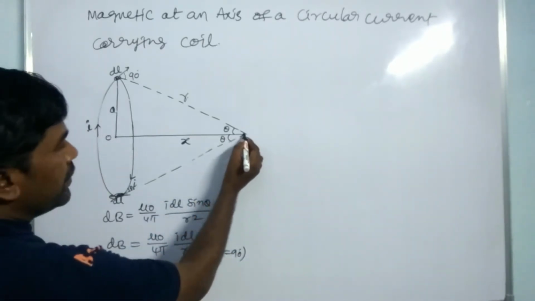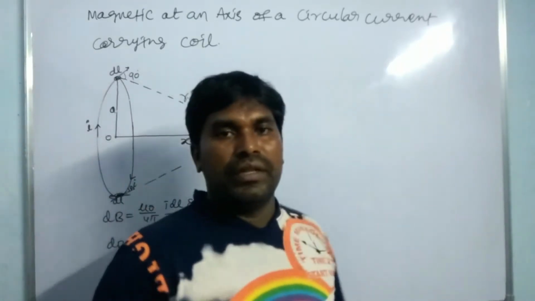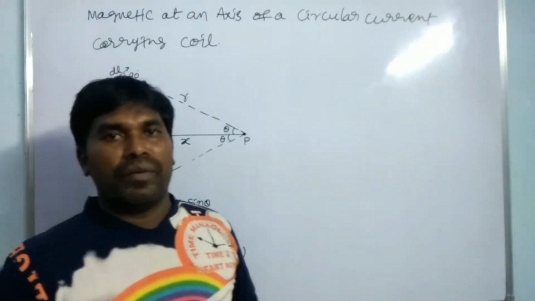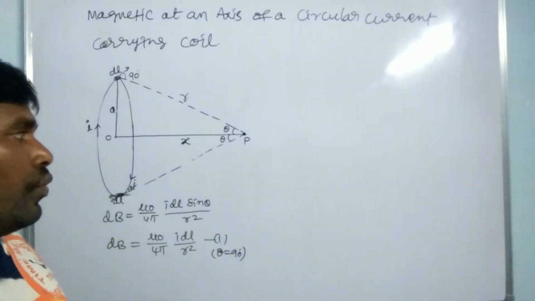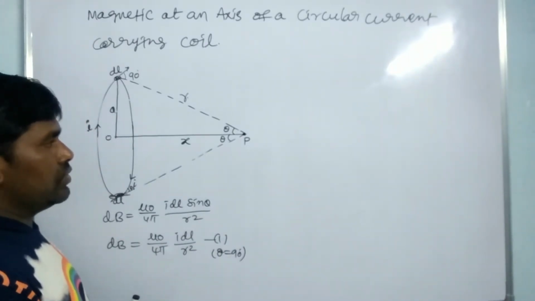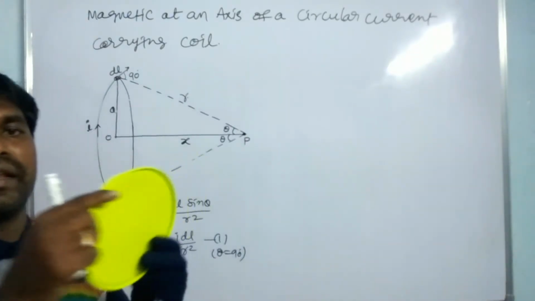Here dB is divided into two components, one horizontal and another vertical component.